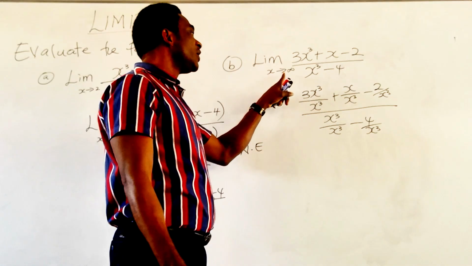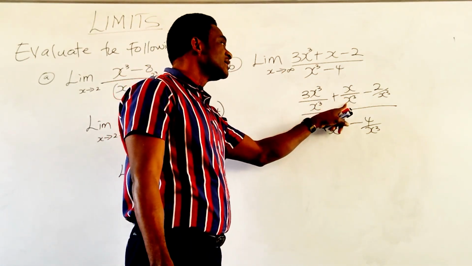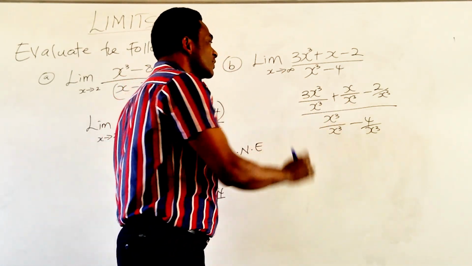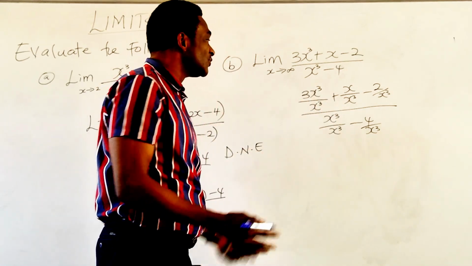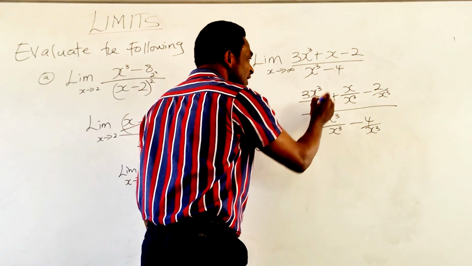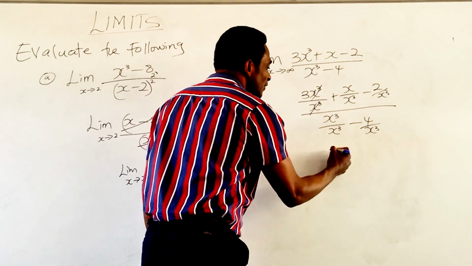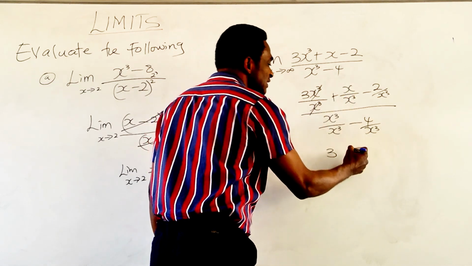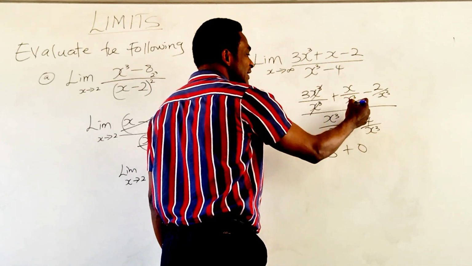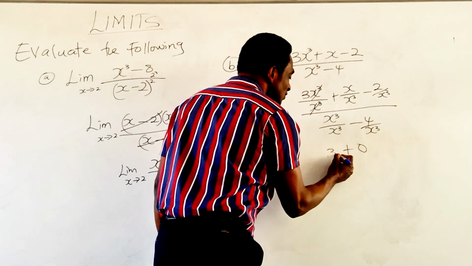Now, if we plug in infinity here, anytime it becomes 0. So in order not to get 0 over 0, we simplify first. This against this, we cancel out, so we have 3 here. If we plug in infinity here, x over this gives us 0. Let me do the whole sum.